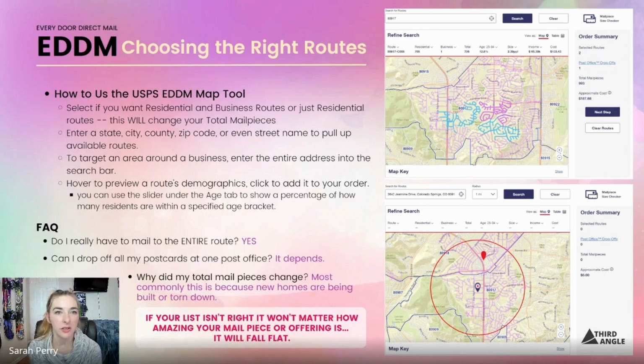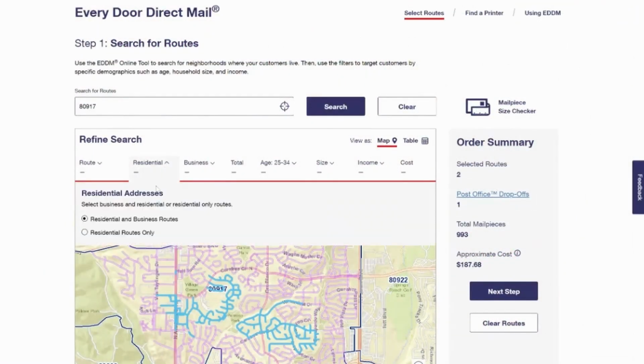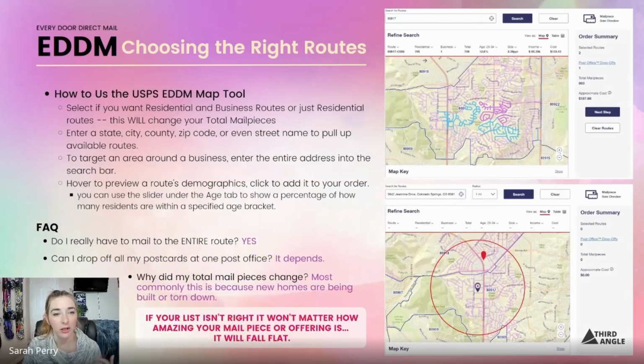When you see this residential spot with this little caret, you can select it and drop it down, and tell it you want to mail to only residential, or residential and business. You can't just hit businesses. You can only hit residential, so it's kind of the one funkiness to it.